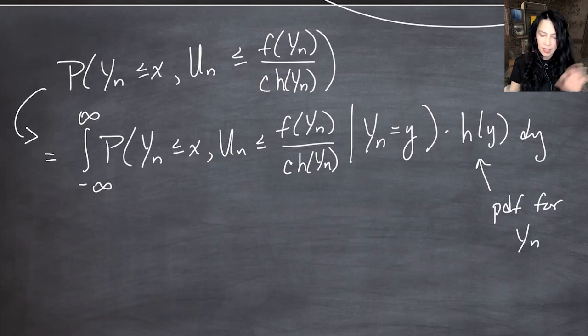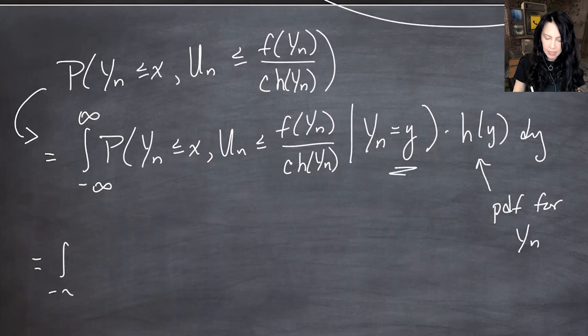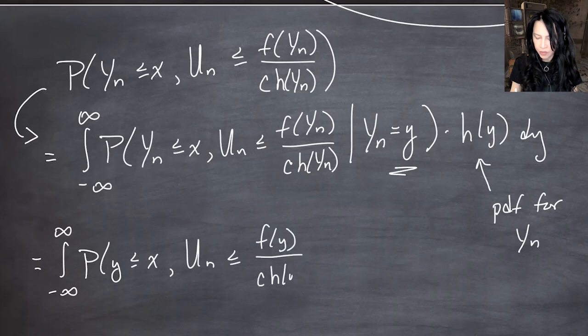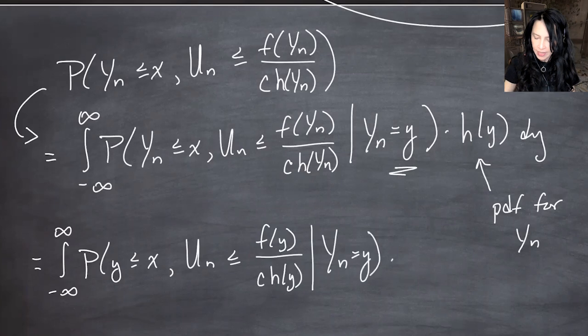Now on the probability part, I'm going to plug this little y in. This is the integral from minus infinity to infinity of the probability that little y is less than or equal to little x, Un is less than or equal to f of little y over c h of little y, given Yn equals y, times h of little y dy.